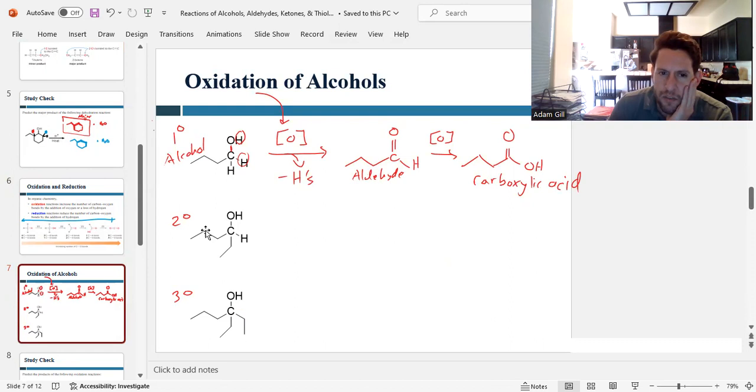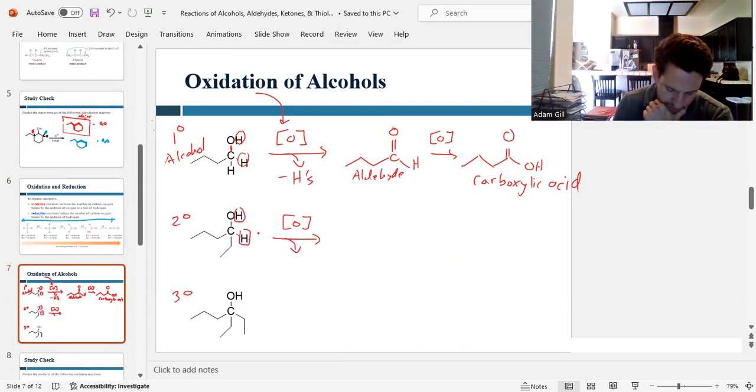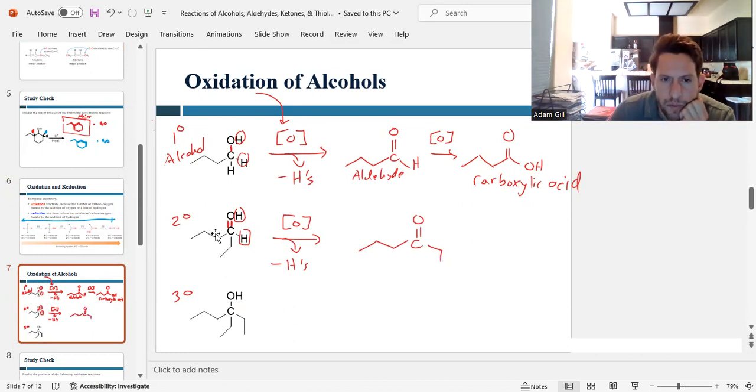All right, let's take a look at what happens to a secondary alcohol. So in order to oxidize it, we need to be able to remove hydrogens. Well, we're going to remove this one, and we're going to have a loss of hydrogens. And where the carbon-oxygen single bond was, we're now going to have a double bond. Everything else stays the same. Okay. So 3 carbons, then the carbonyl, and then 2 carbons.